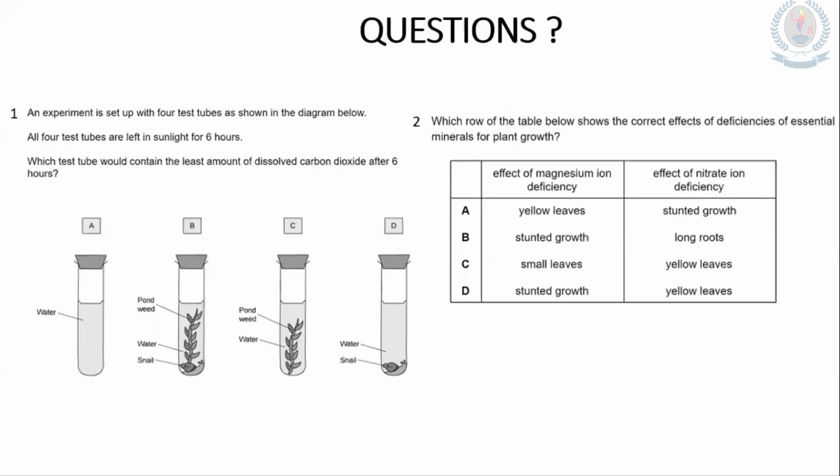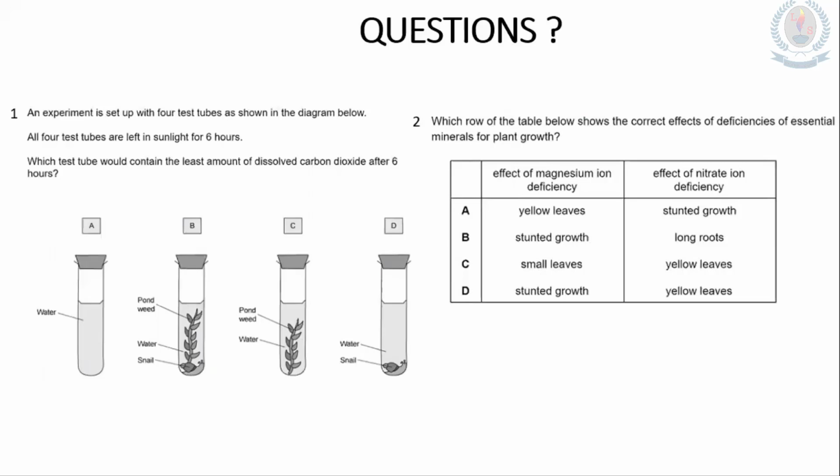So which test tube would contain the least amount of dissolved carbon dioxide? That means the carbon dioxide should be absorbed. Test tube A has just water. Test tube C has the pondweed, and when there is pondweed, it can absorb carbon dioxide.